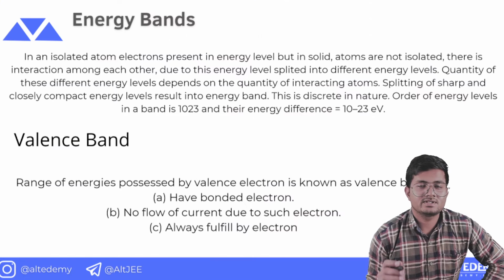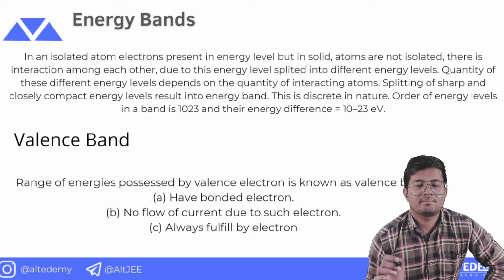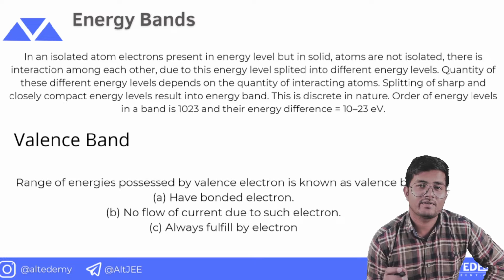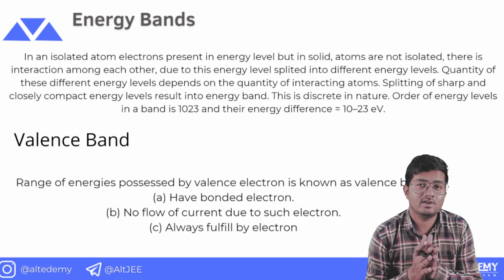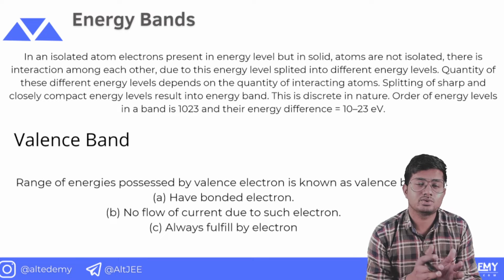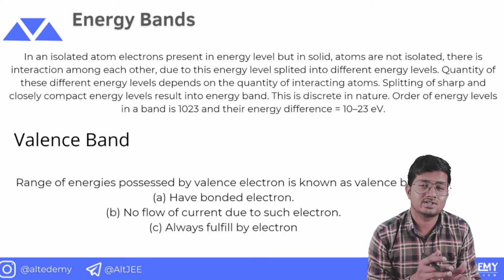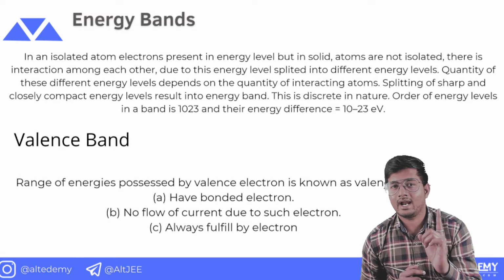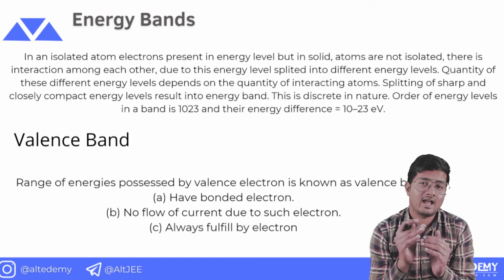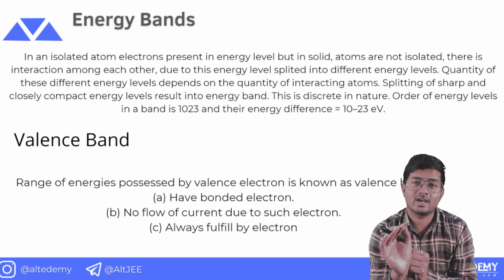So the first thing which we have to understand is the concept of energy bands. In chemistry, you must have learned the energy levels 1s2, 2s2, 2p6, 3s2, 3p6. When we talk about one particular atom, the electrons have a particular value of energy.